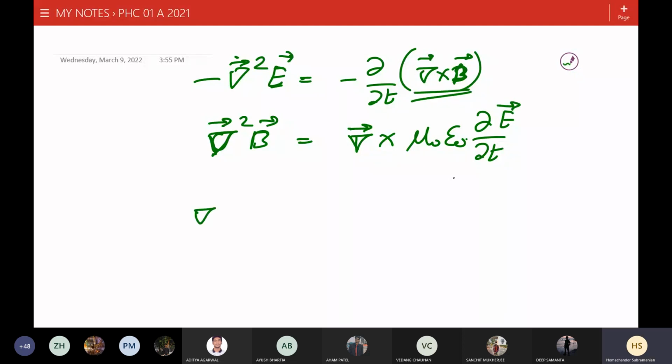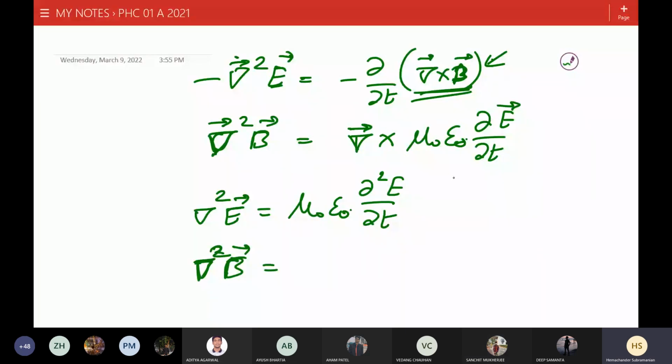Curl B is mu naught epsilon naught dou E by dou t, from Maxwell's fourth equation. So minus del square E equals minus mu naught epsilon naught dou square E by dou t square. Similarly for B, we get del square B equal to mu naught epsilon naught dou square B by dou t square.